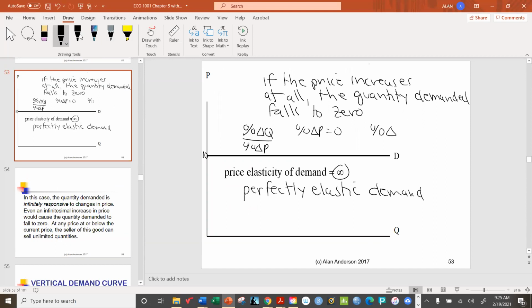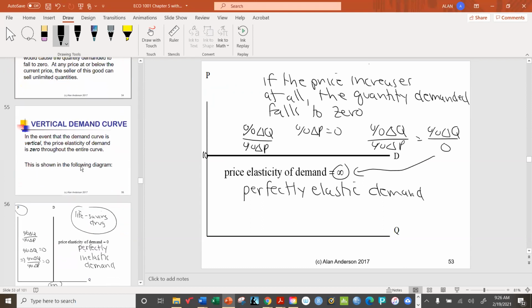You're going to get some percentage change divided by zero. And of course, you know that you're not allowed to divide by zero. So we call this infinite or infinity. But of course, most of the time, our demand curve will be the nice, normal, downward sloping demand curve.